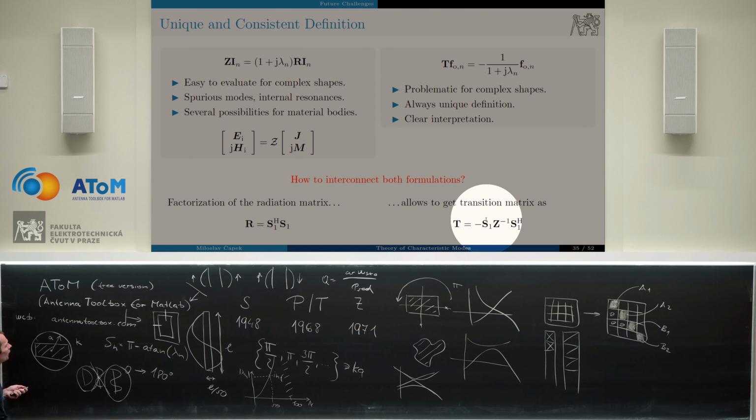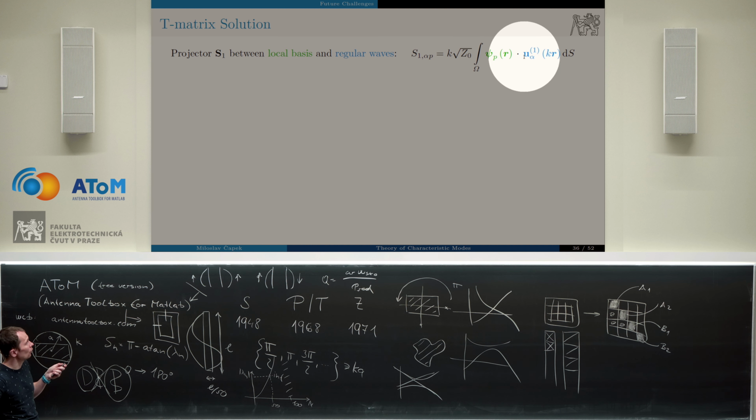And to get the S matrix is extremely simple. Here is the formula. It's just a simple single integration over your local basis functions and over the regular spherical waves. So it's some sort of projection from one basis to another.